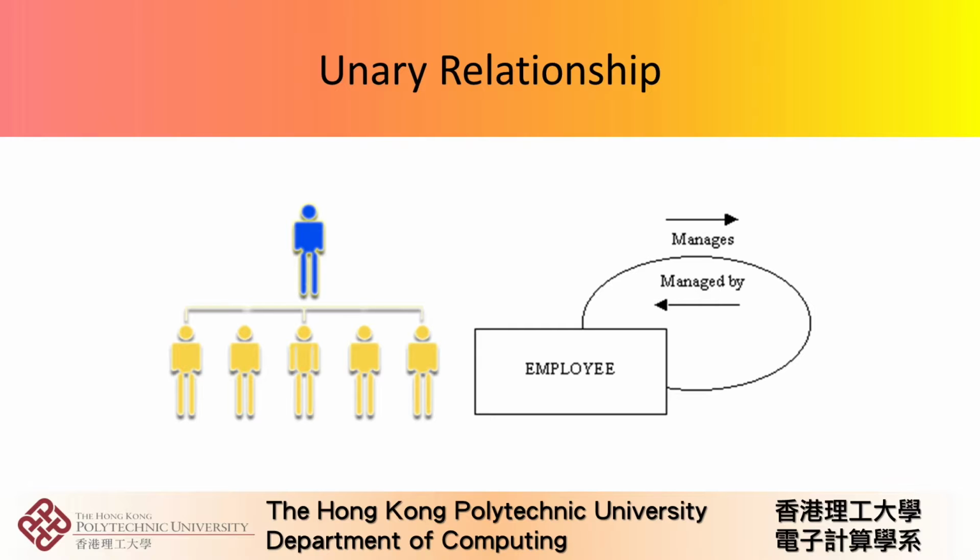Many staff report to one particular manager, and one particular manager manages many staff. Therefore, there is a recursive relationship. The entity employee is shown in a rectangle, and the relationship should be manages or managed by.